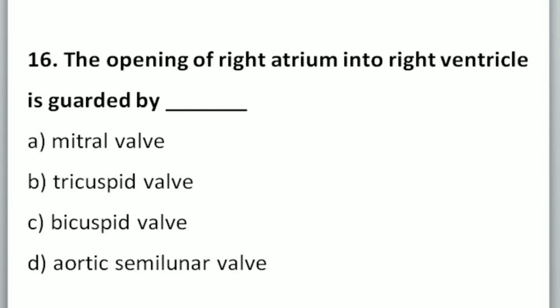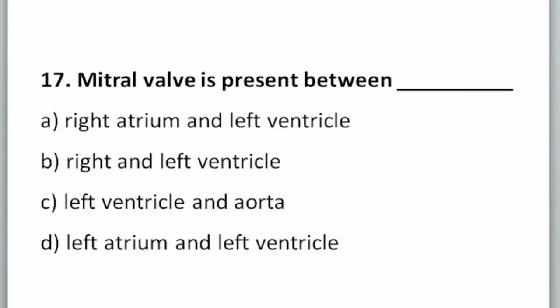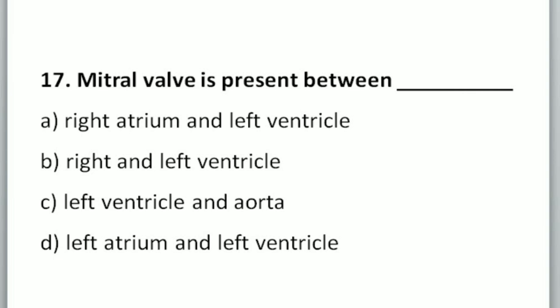C. Bicuspid valve. D. Aortic semilunar valve. Answer: B. Tricuspid valve. 17. Mitral valve is present between underscore. A. Right atrium and left ventricle. B. Right and left ventricle. C. Left ventricle and aorta. D. Left atrium and left ventricle. Answer: D. Left atrium and left ventricle.